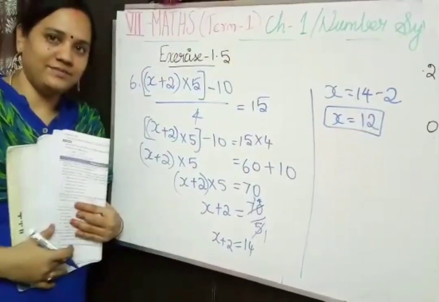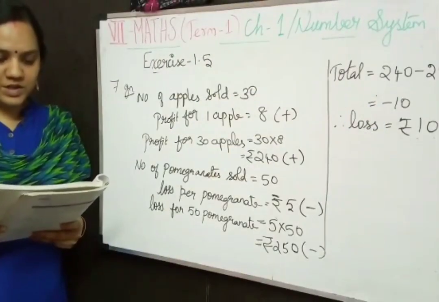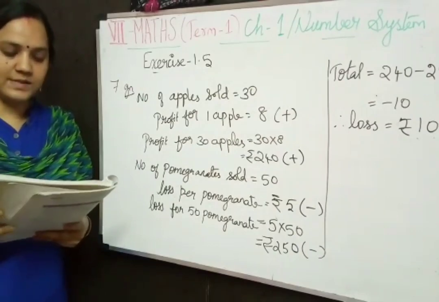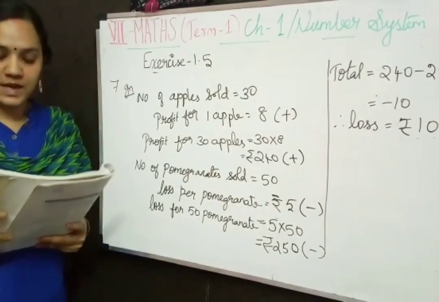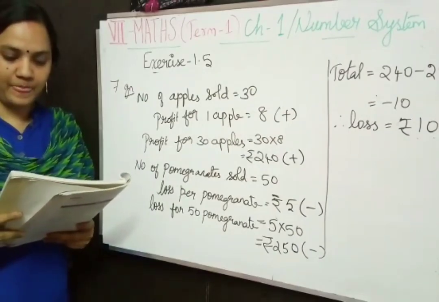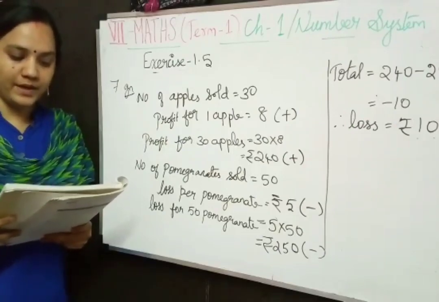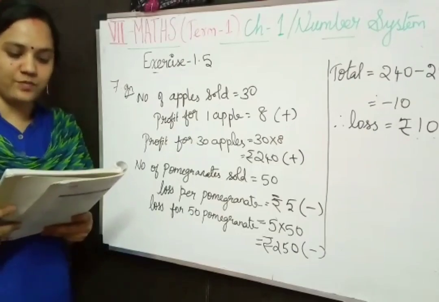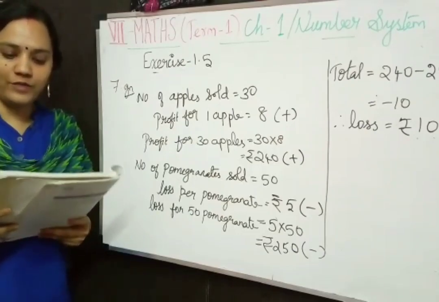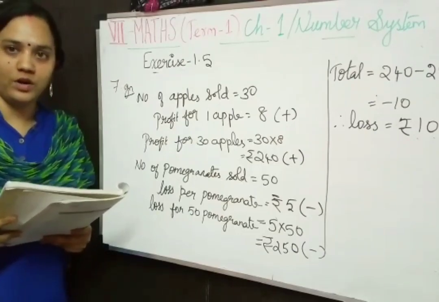Can you understand? So the seventh problem is, Kamachi, a fruit vendor, sells 30 apples and 50 pomegranates. If she makes a profit of rupees 8 per apple and loss of rupees 5 per pomegranate, what will be her overall profit or loss?